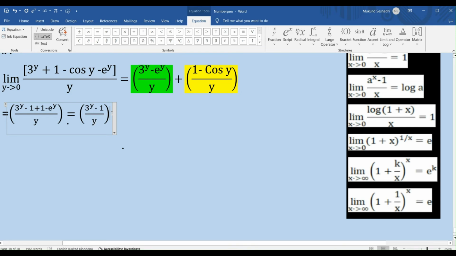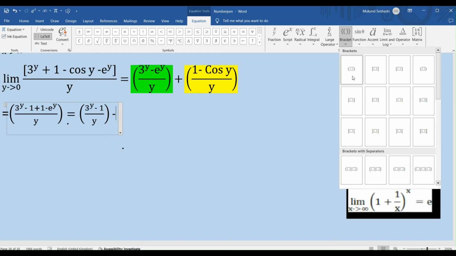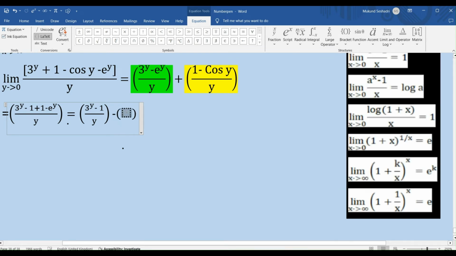And then I do a minus. And when I remove the minus sign and make it common for the remaining part of the expression, I get e to the power y minus 1 in my numerator, divided by y, right?